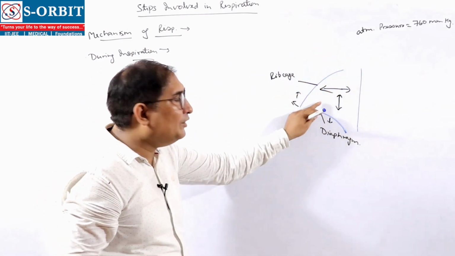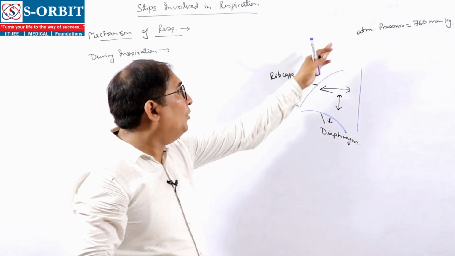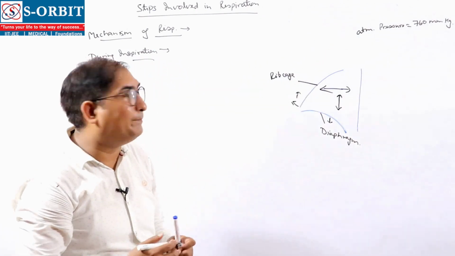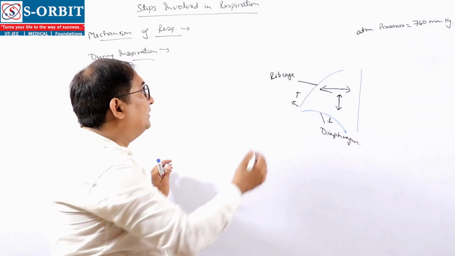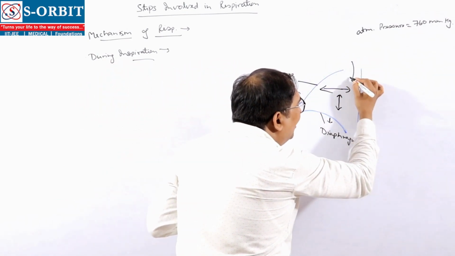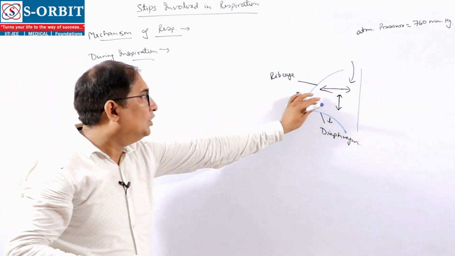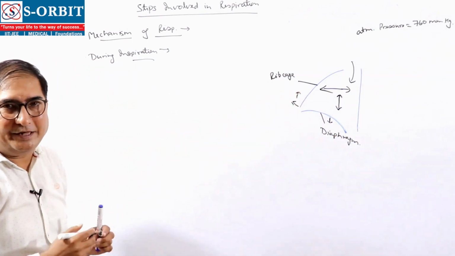When the intrathoracic pressure decreases, comes down below atmospheric pressure, what happens? The atmospheric air is breathed in or inhaled into the thoracic cavity. It is inspiration.